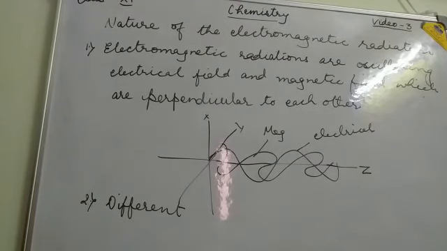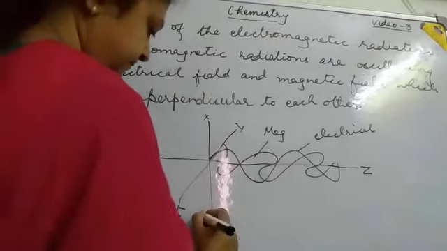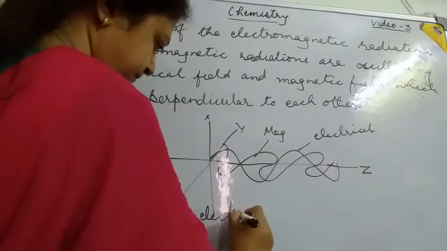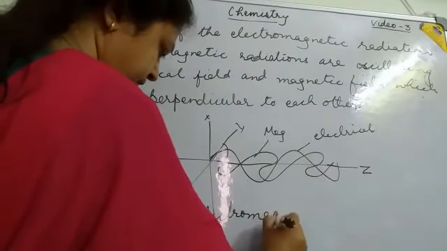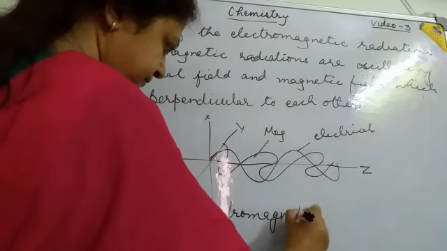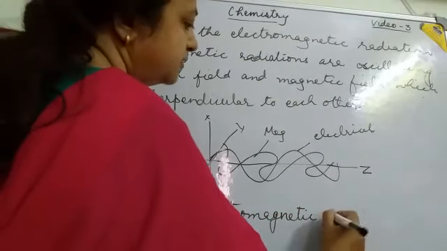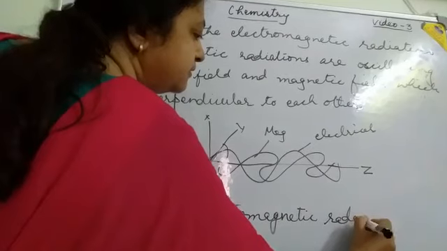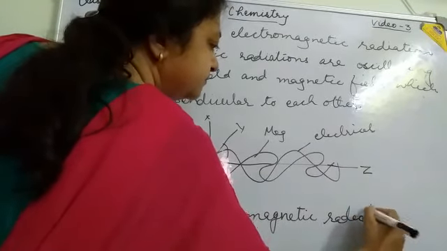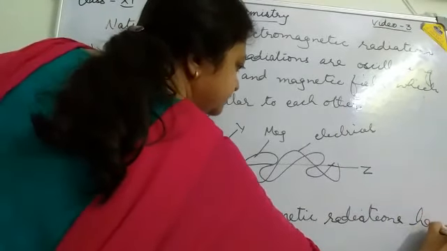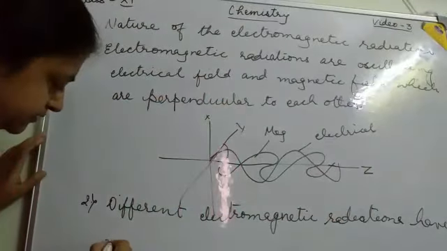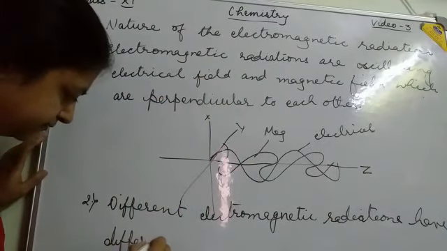So different electromagnetic radiations have different wavelengths.